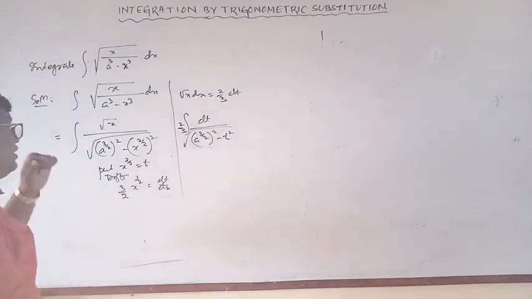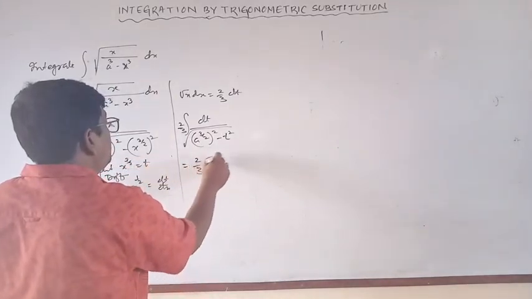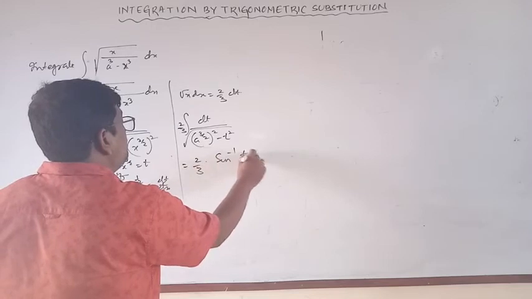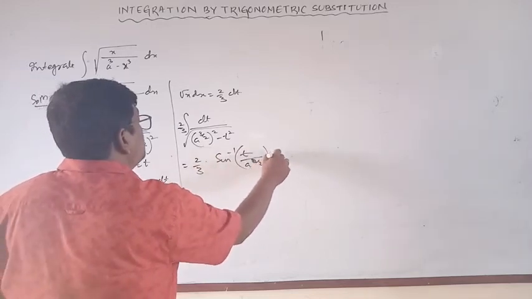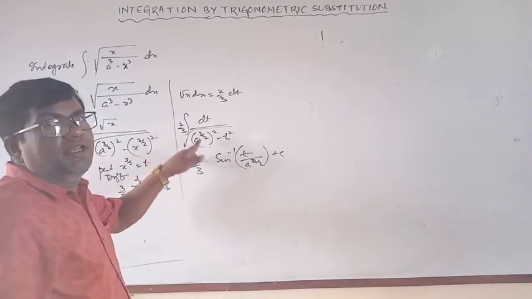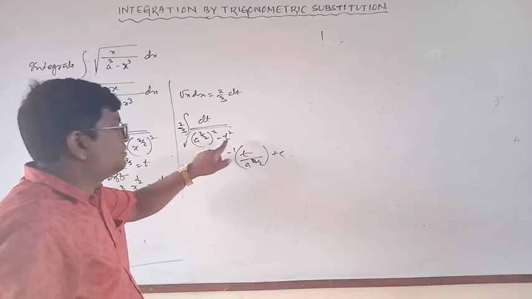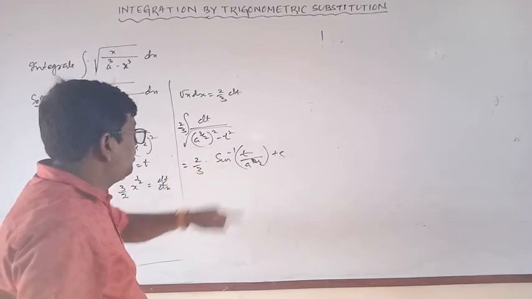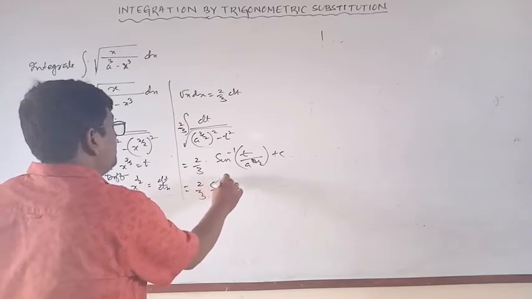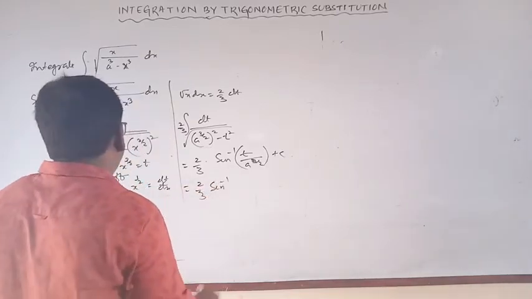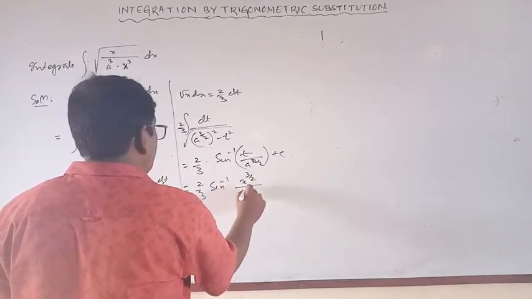This is the dx by root of a squared minus x squared formula. So this is 2 by 3 sin inverse t by a to the power 3 by 2, plus c. Here t is x to the power 3 by 2 divided by a to the power 3 by 2.